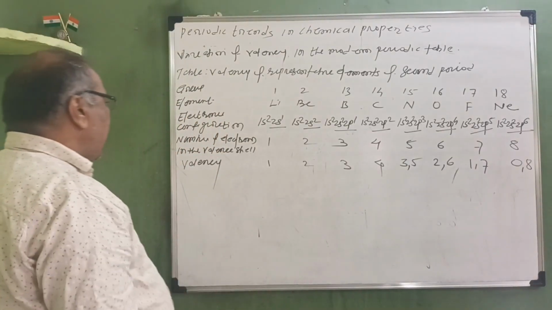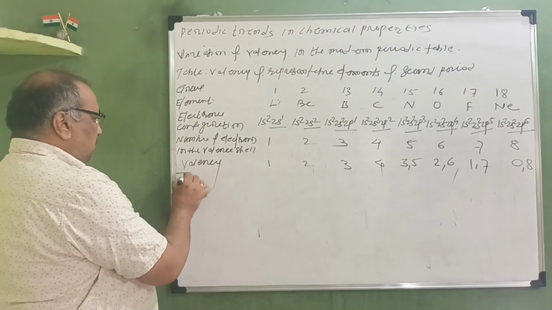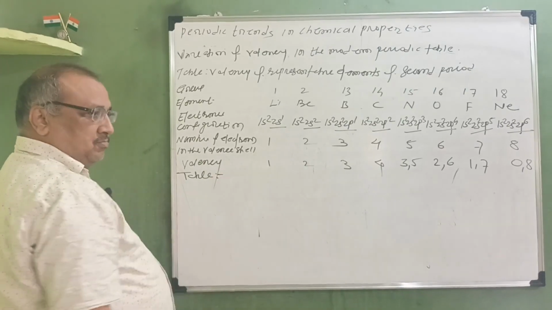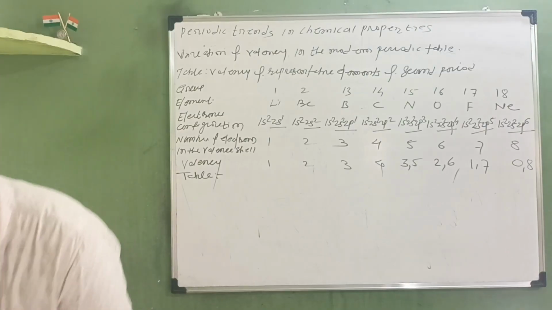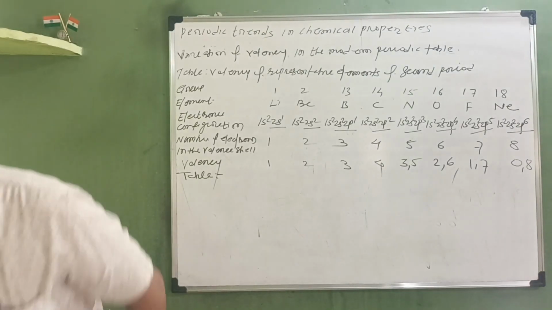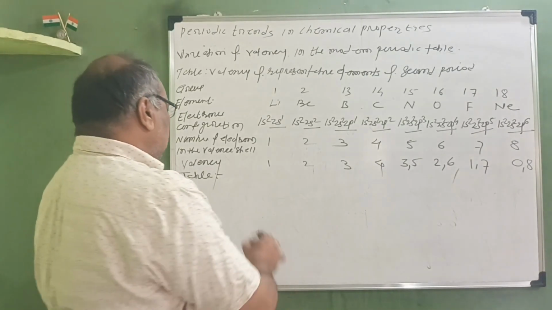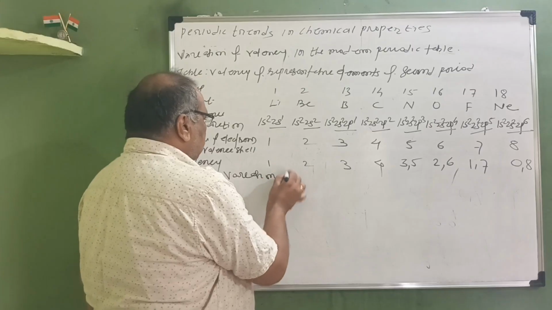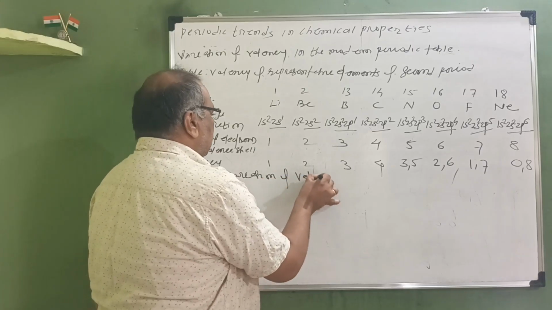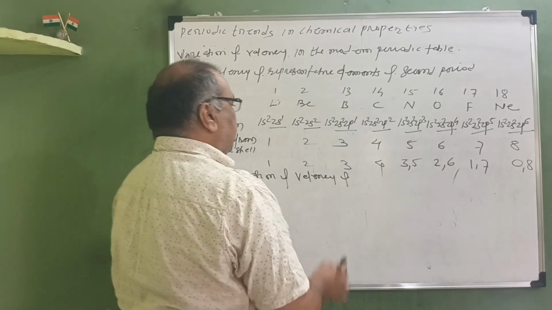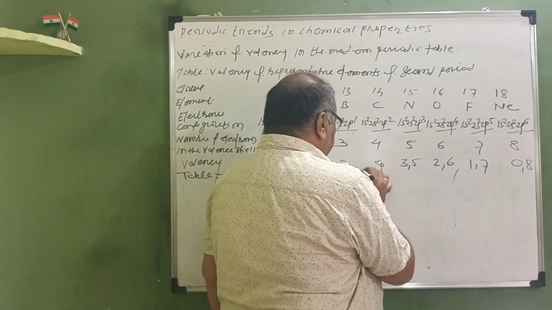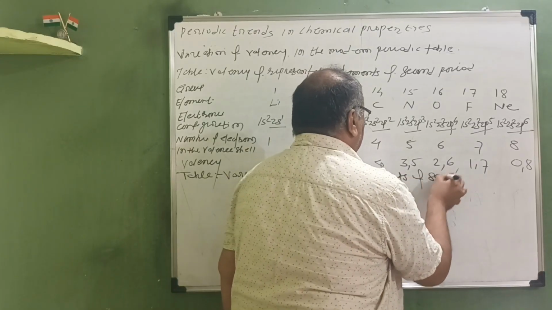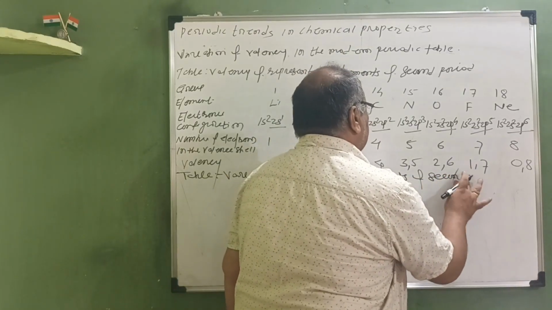Second table. Variation of valency of elements of second period.